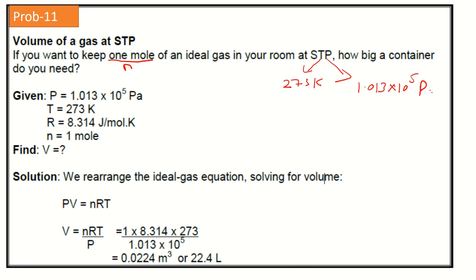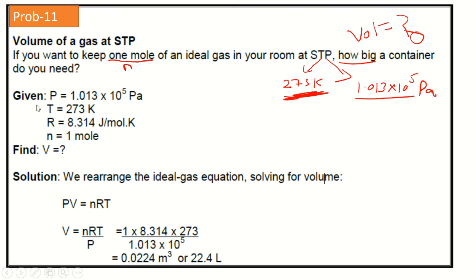These are the standard values of temperature and pressure. You have to take only these, you cannot take any other value. The question asks how big a container you need, so it is asking for the value of the volume.